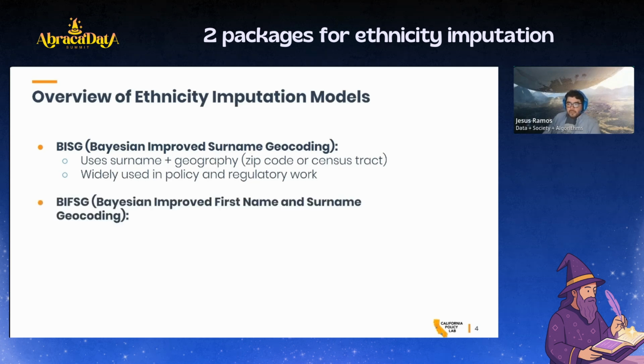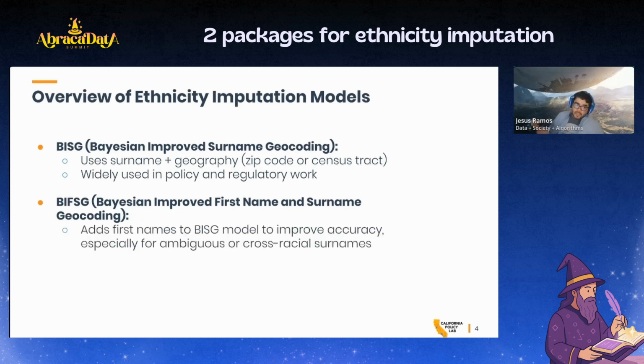And there's a newer version. There's a rework of BISG called BIFSG. And this one adds first name to the parameters. Adding a first name aims to improve accuracy. It doesn't work sometimes, but especially for ambiguous or cross-racial surnames.